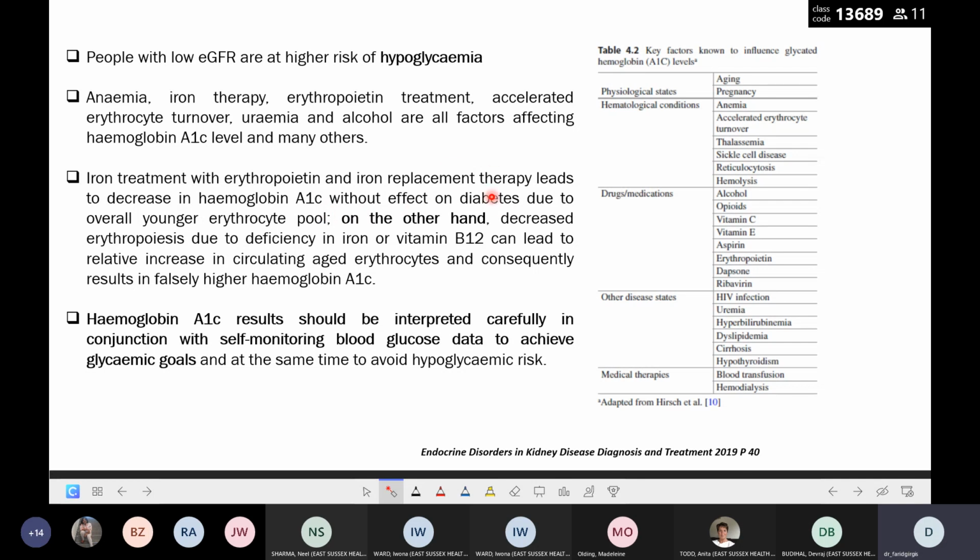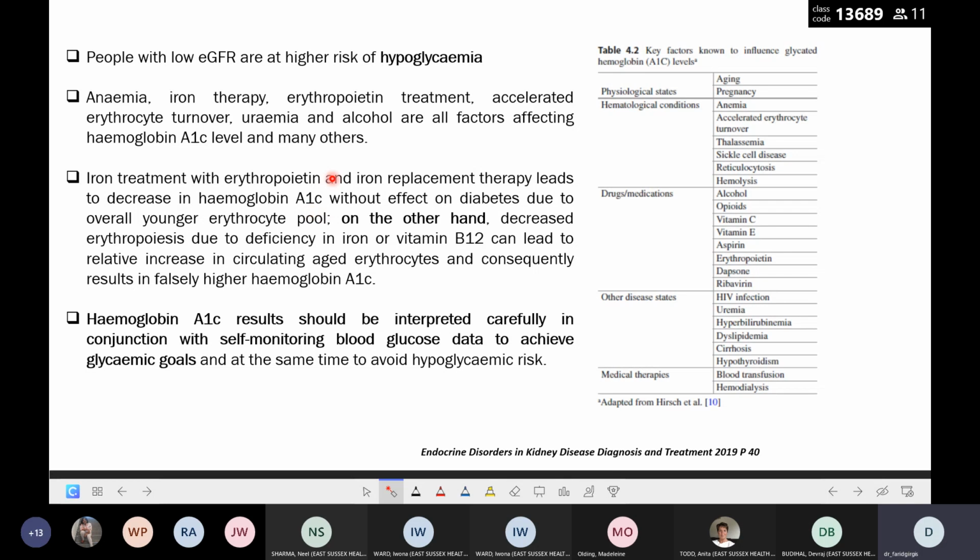So you may find the patient has low hemoglobin A1C because the patient also is anemic, has lower hemoglobin, and you are trying to correct the anemia, which affects the rate of turnover. And this may be misleading.